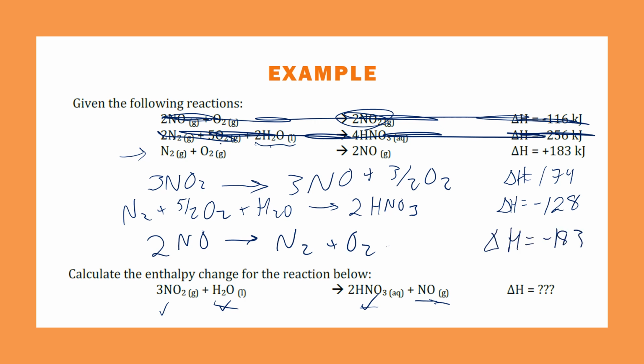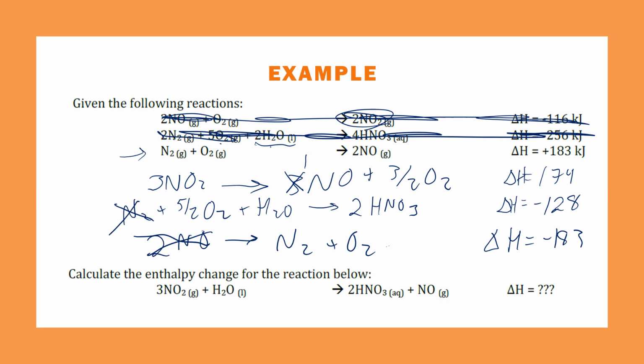Right. Now I need to make sure everything that needs to cancel cancels. If you want to, you can write all of the reactants on one side and all the products on the other side and then cancel, or you can cancel and then add it together. Either way is fine. Okay, so it looks like the 2 NOs will cancel and leave just 1 on the product side.